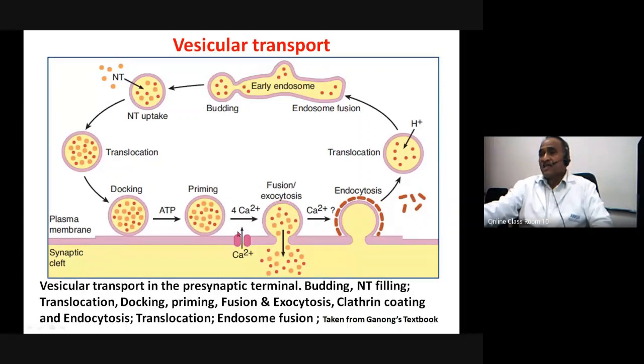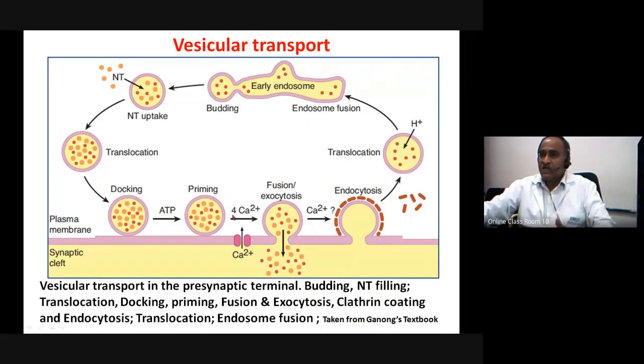This calcium further moves the vesicle associated membrane proteins, and these two ends oppose each other, and then they come here and release the contents of this sac. That we call exocytosis.